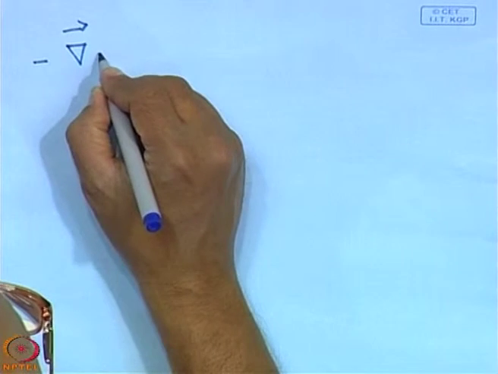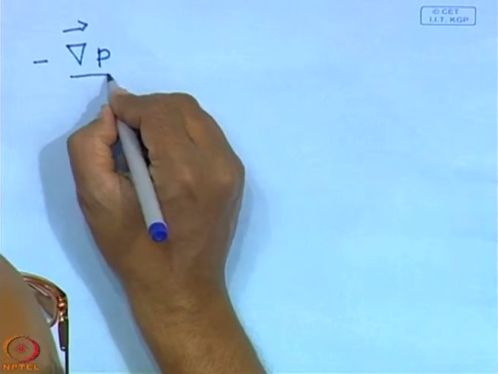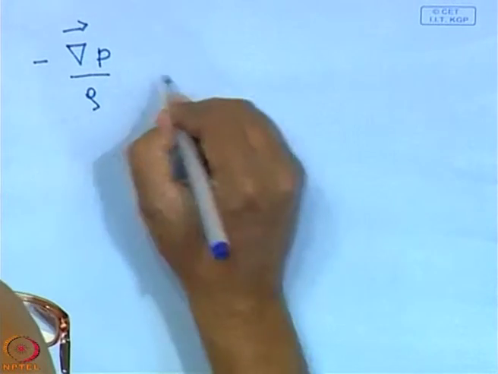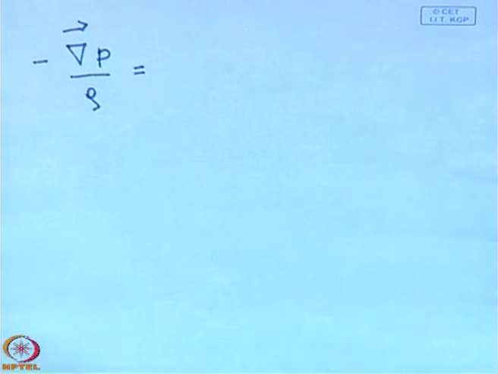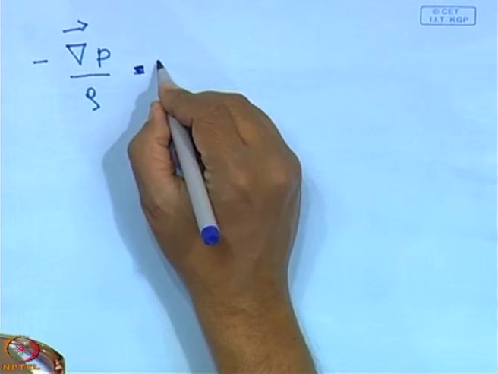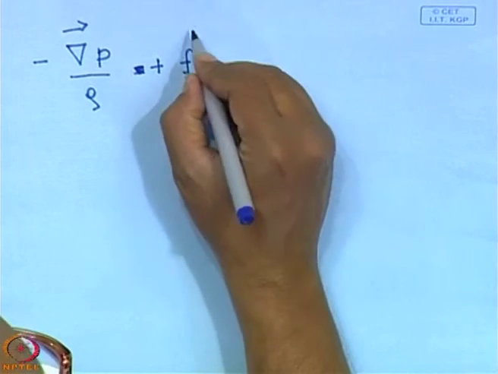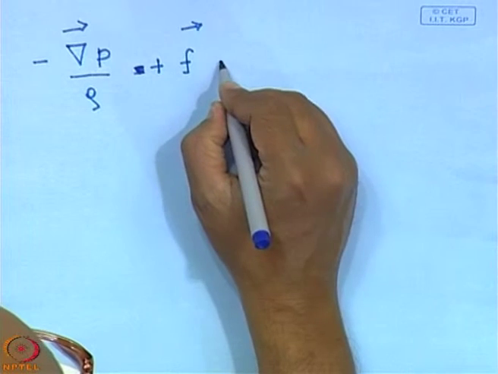In hydrostatic equilibrium, the pressure gradient divided by the density, plus the force per unit mass F, should be balanced.